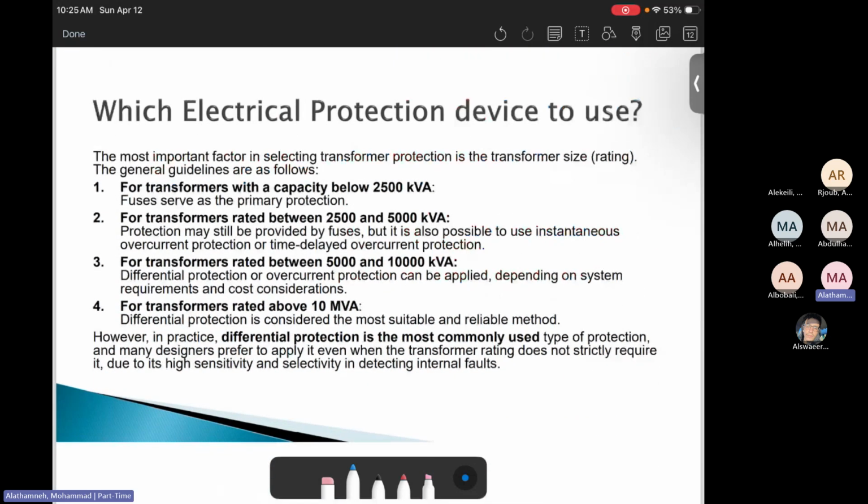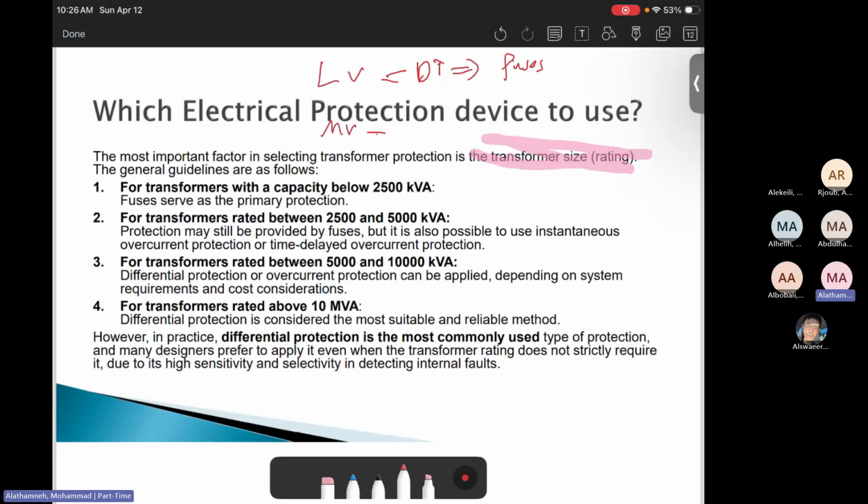Which electrical protection device to use? This depends on the transformer size and on the location. For example, in distribution transformers, DT, we use fuses alone. If we are on a power transformer, it depends on the ratings. For distribution transformers or low voltage, we use fuses.